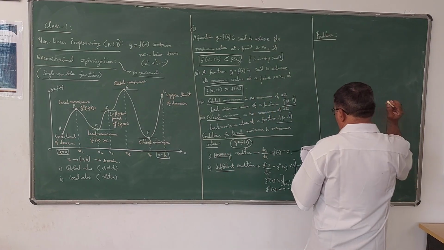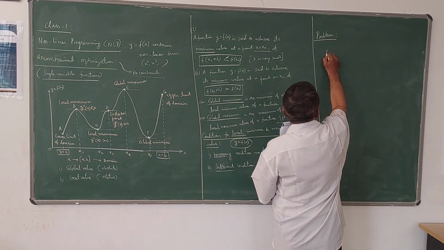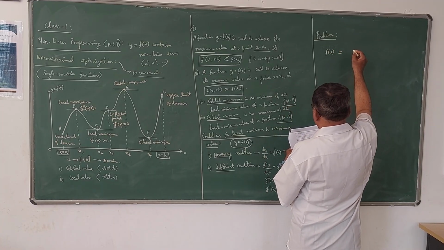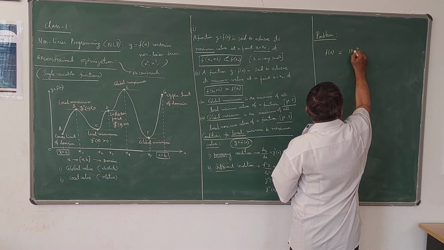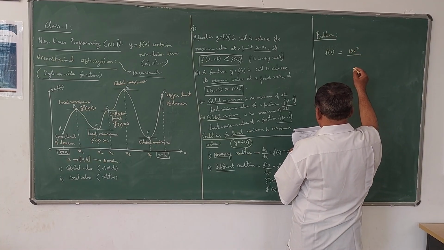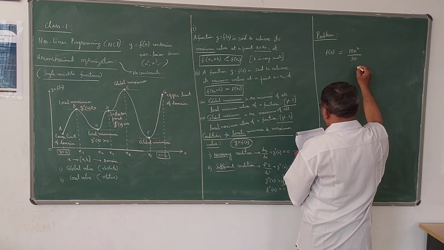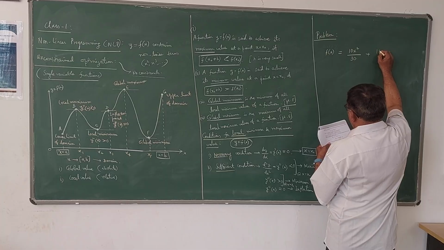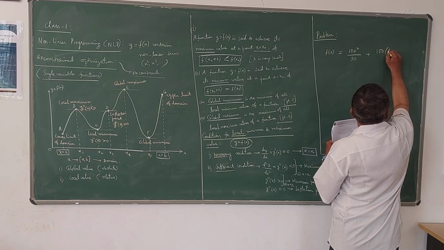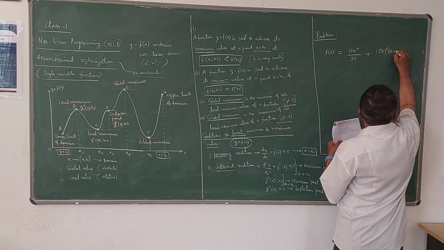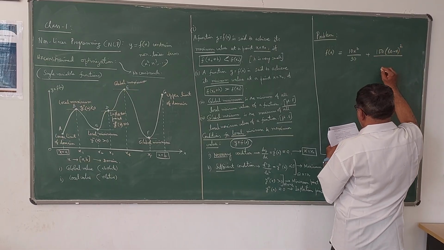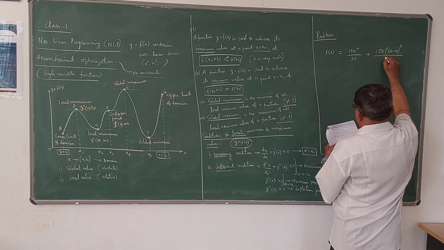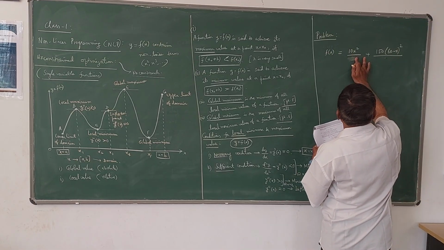Now he has given one function like this. f of x is equal to 10x square divided by 30 plus 150 into 60 minus x whole square divided by 60. Sorry, 60.